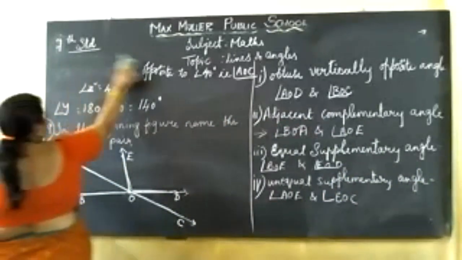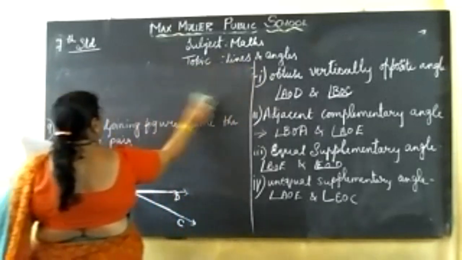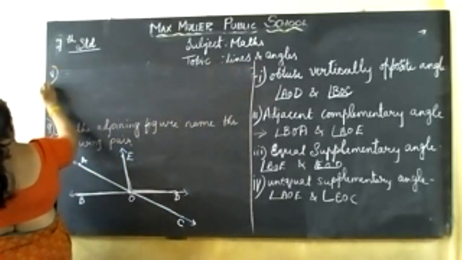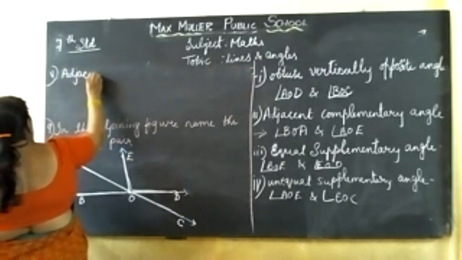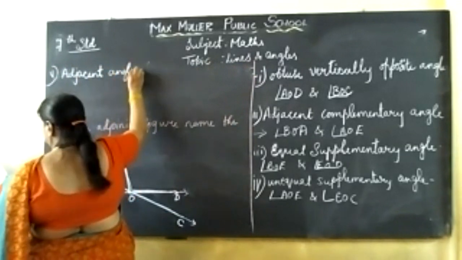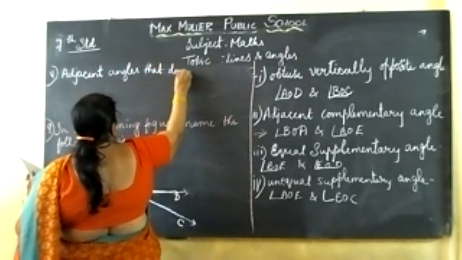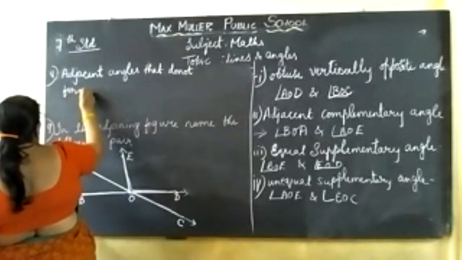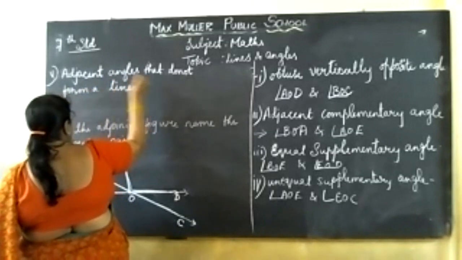Then last, adjacent angle that do not form a linear pair.